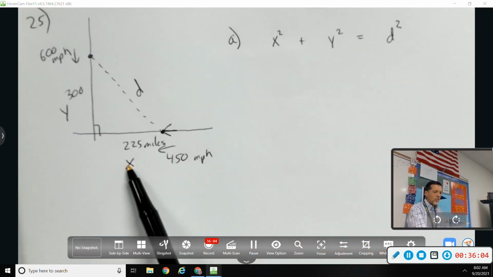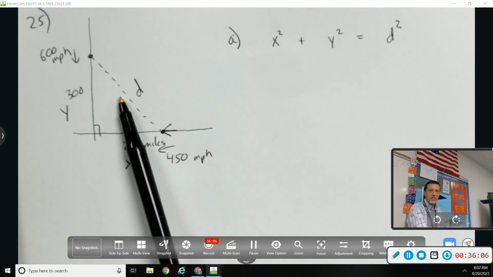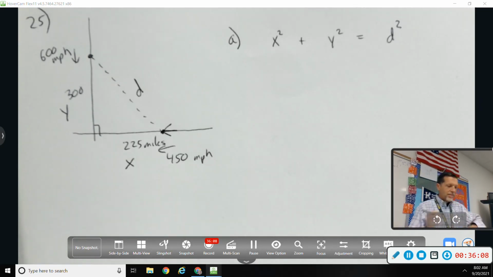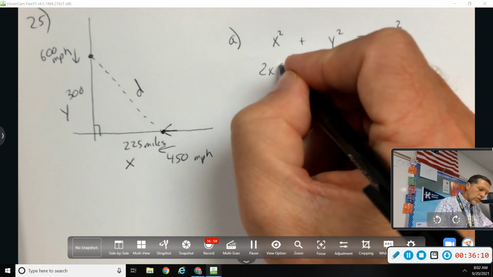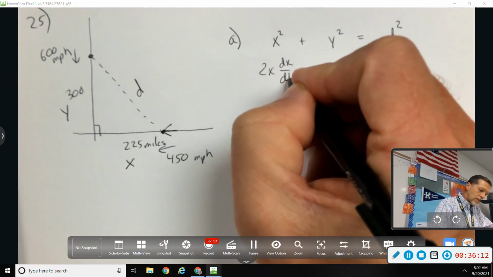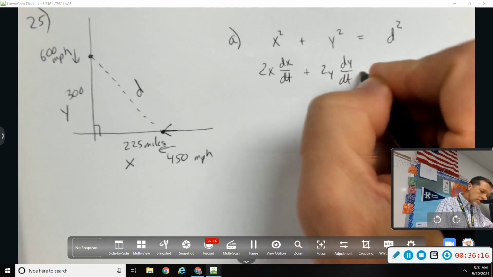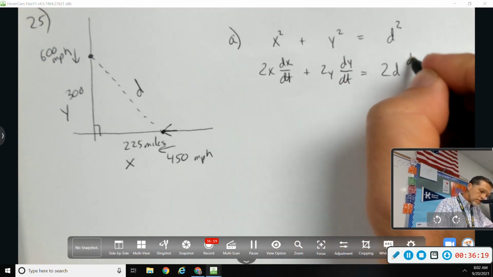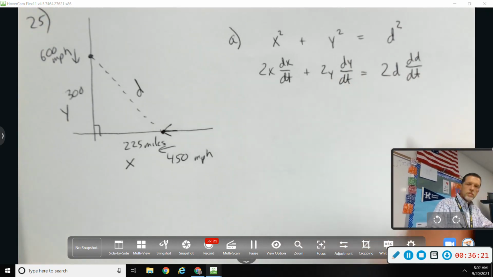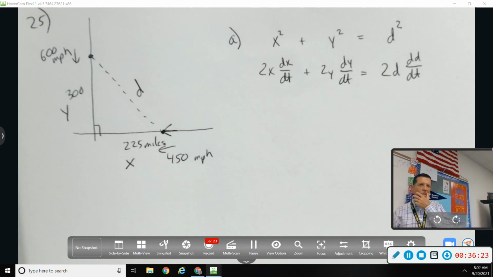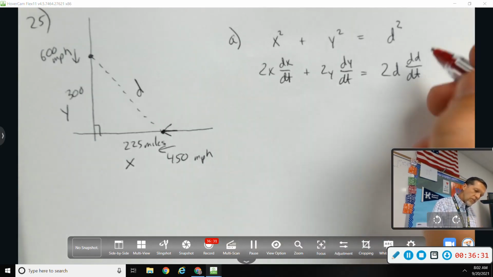X is changing, y is changing, d is changing. So nobody's constant in this one. We're stuck with all of these derivatives.